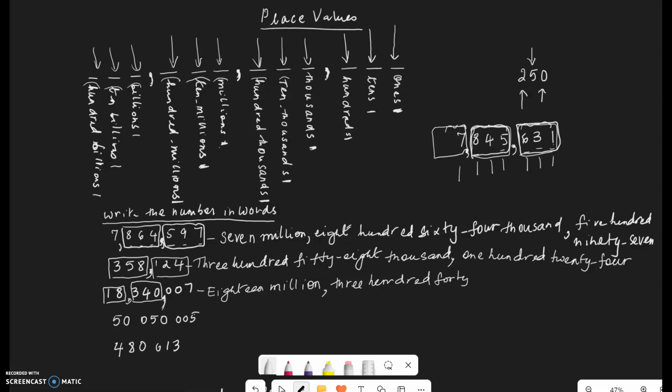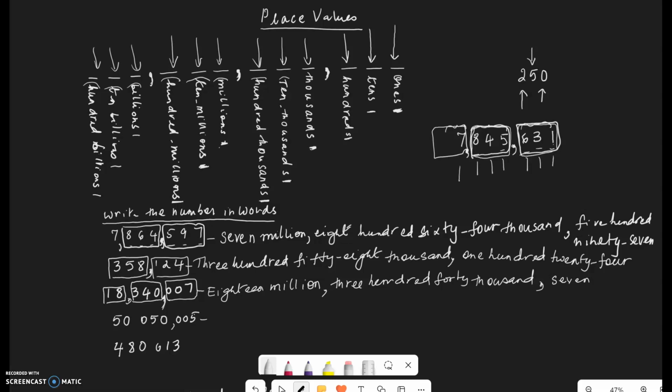And then the next comma is thousand. Comma. And the next period is 007. And the way you read that number, it's just a 7. Do not use the word and when you're writing a whole number.